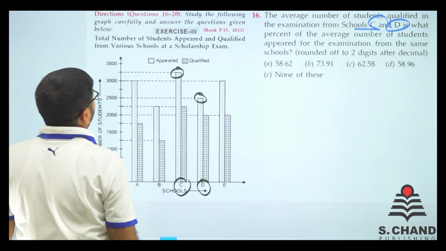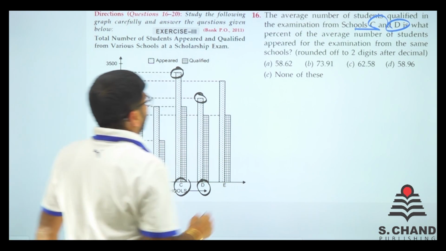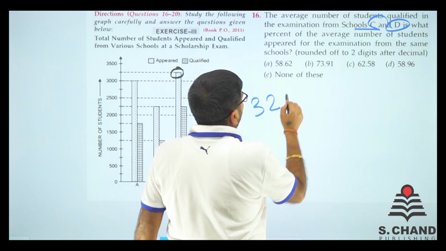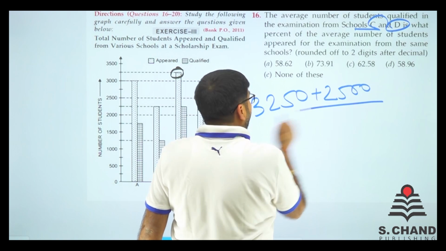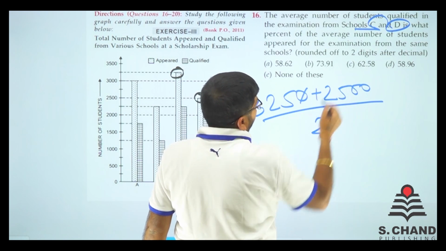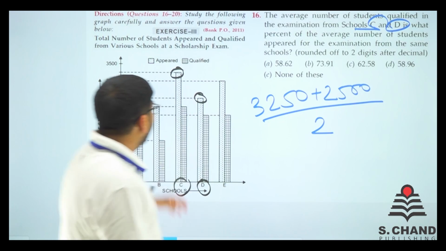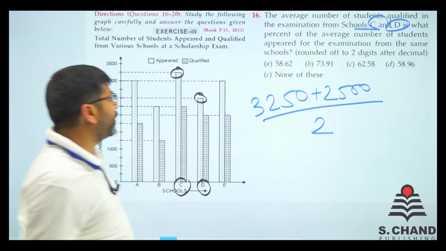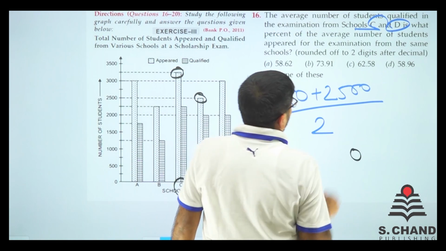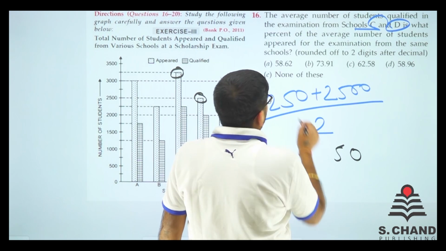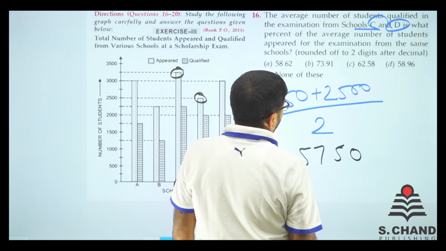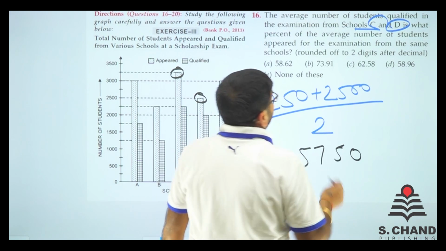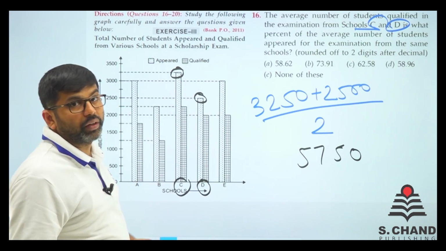So it will be 3250 plus 2500, and when we add them and divide by 2, it will be the average. So we have got 5750 as the number of students appeared, right?